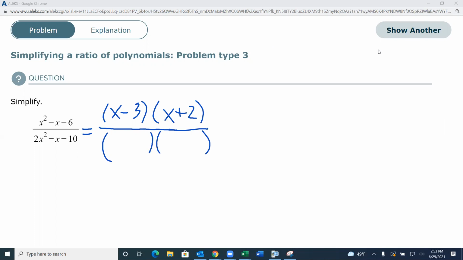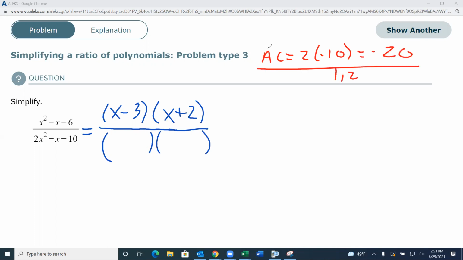Okay, so the AC method says, oh wait, I should probably change colors just to make it really exciting. It says I'll go a times c, which is 2 times negative 10, which is negative 20. So 1 and 20, 2 and 10, 4 and 5. But they need to multiply to a negative, so they need to be oppositely signed, and they need to add up to a negative 1, so the big one is negative.